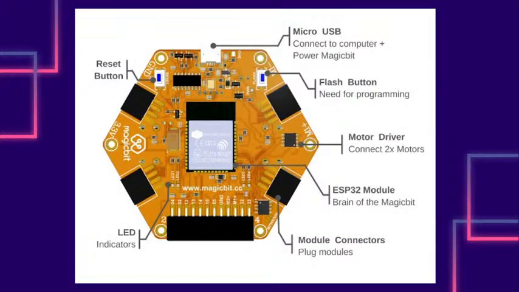On the back side also you can have some sensors and actuators, some like LEDs, and there is also a motor driver as well, and different types of ports for different types of connections. So altogether this is a feature rich development board with high inbuilt features.